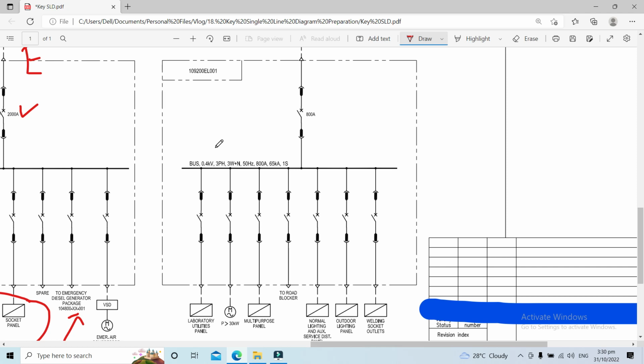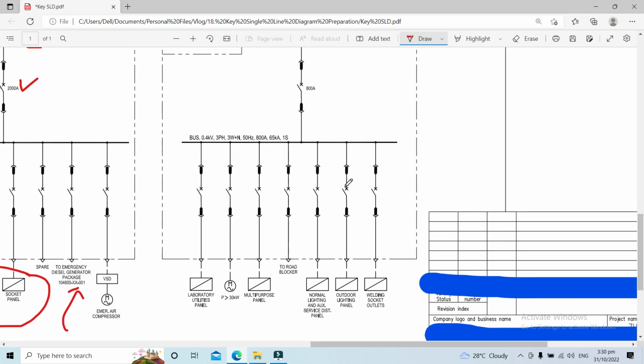What are those loads considered non-essential? As you can see from here, these are the multi-purpose panel, the normal lighting panel, the outdoor panel, and other loads that are considered normal loads.